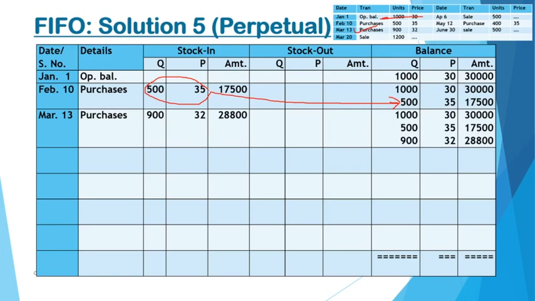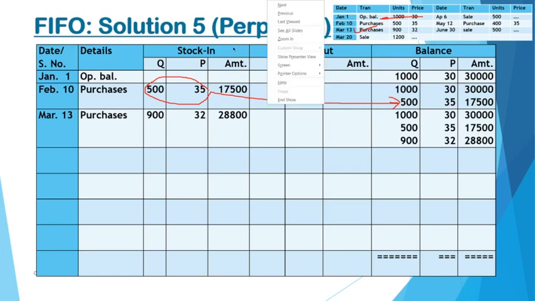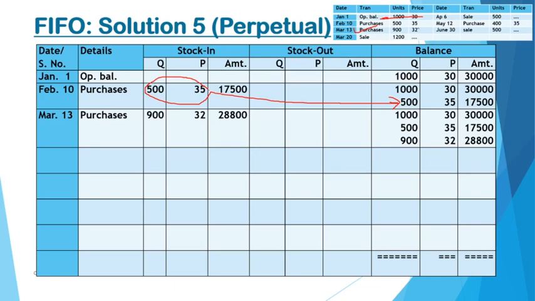Suppose this lot was purchased not at 32, but at 30 rupees. Even in that case, you will not club it, even if it is 30. You may say we have a lot of 30 rupees coming here, but still it will not be clubbed because its order is different. It is coming third in the order, and we need to follow the order.